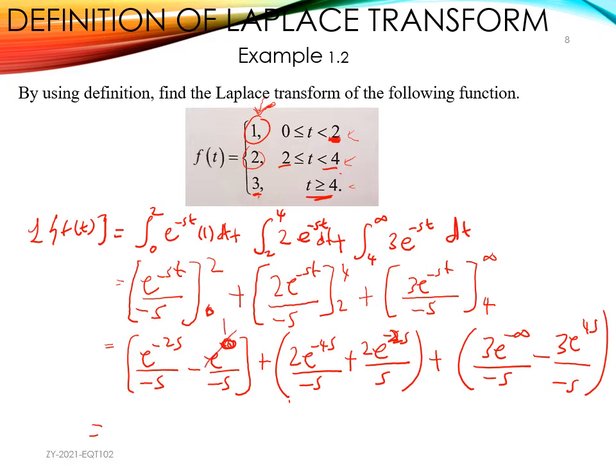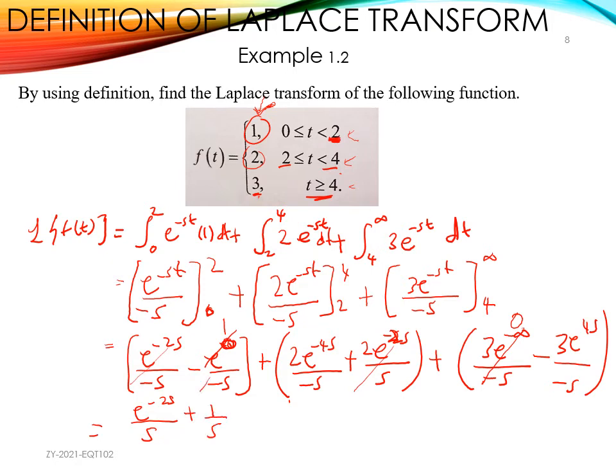Let us see what we can combine here. We look at the terms. Here, 3 exponent negative infinity means 1 over exponent infinity, so this one is 0. Let's combine the terms with exponent power negative 2s. So this negative 1 and 1 will be exponent negative 2s divided by s, and then this one plus 1 over s.